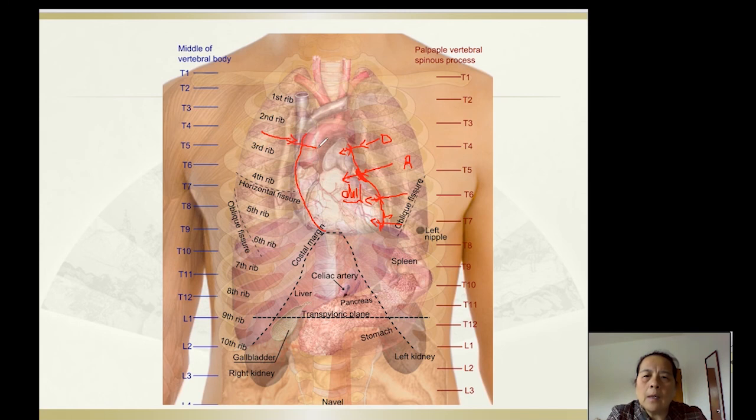When I pass the heart, the sound changes from resonance to dull. So the right side is smaller compared with the left side of the heart. We also have the sternal bone here.